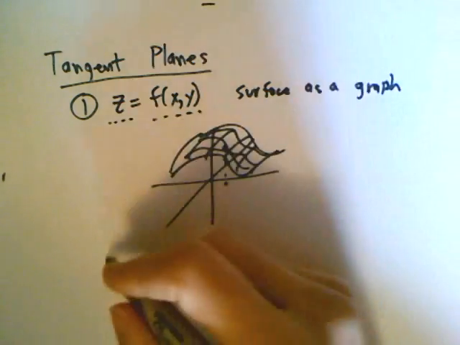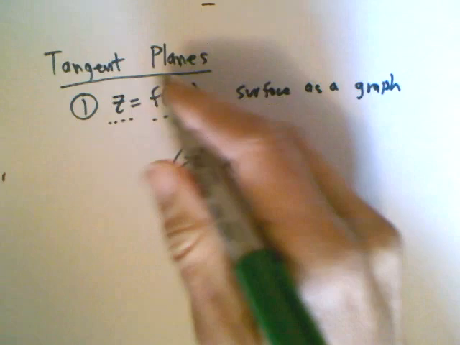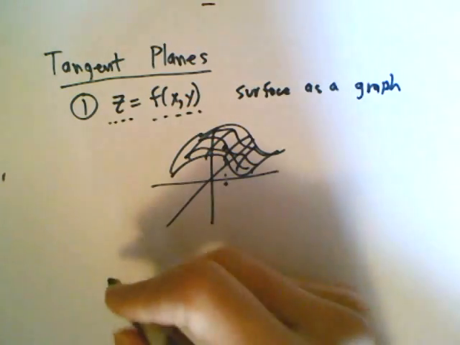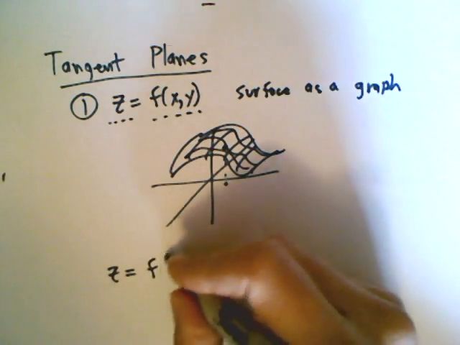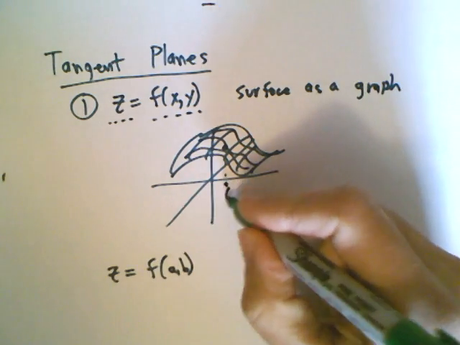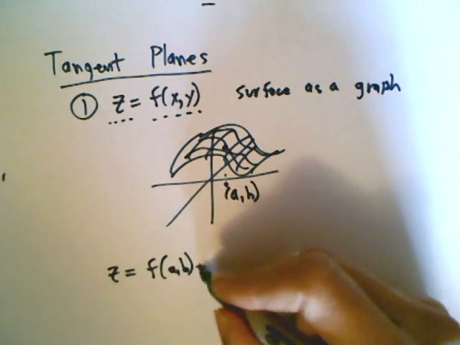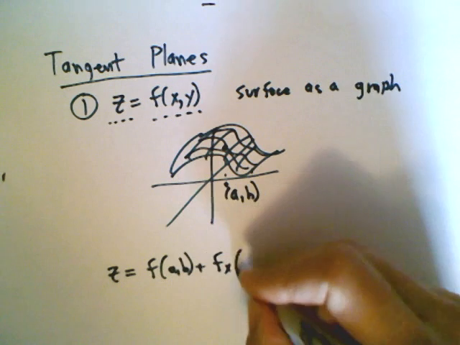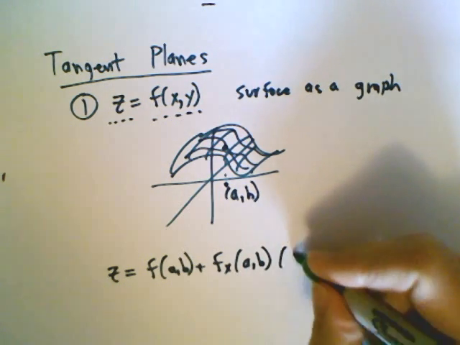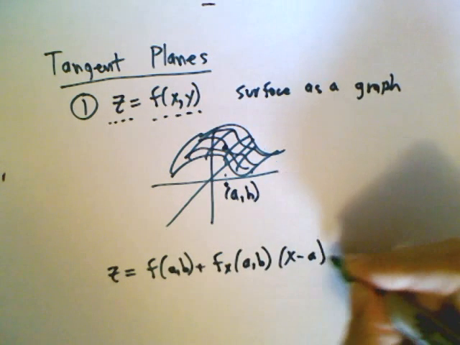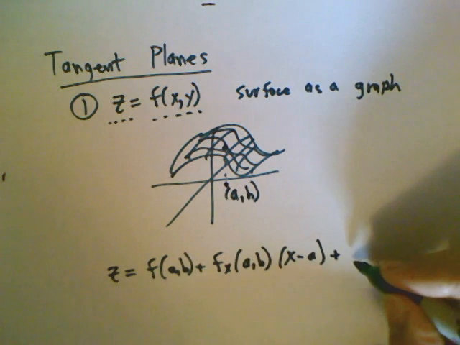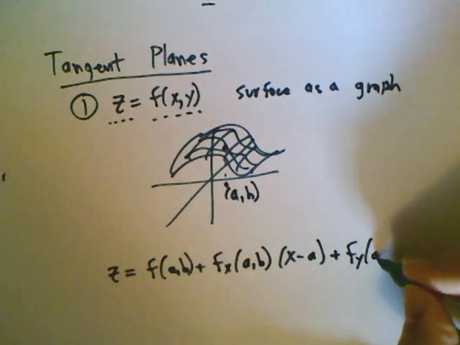And we've seen that the linear approximation to f gives us the tangent plane. If it's at a point (a, b), then it's f at that point, plus the x derivative times delta x, x minus a, plus the y derivative at (a, b) times delta y, y minus b.